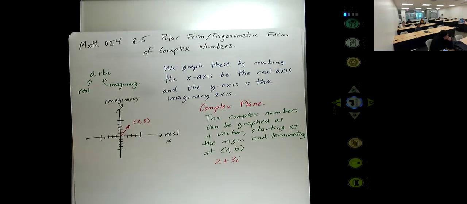And that represents our 2 plus 3i. I'm gonna have like -4 plus 2i.